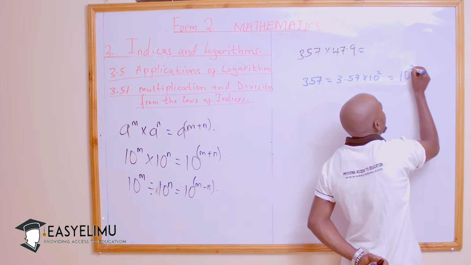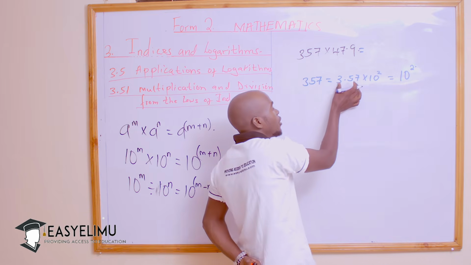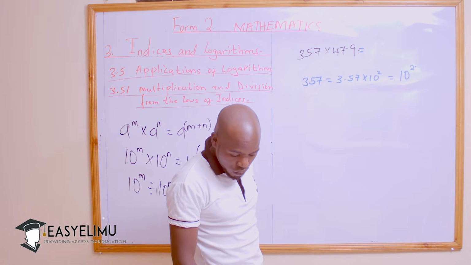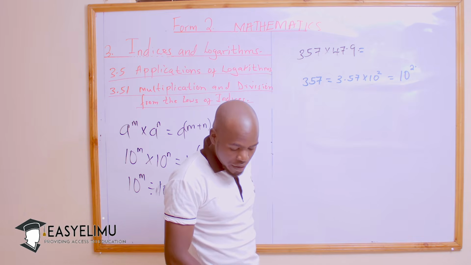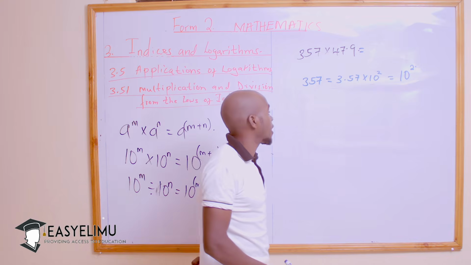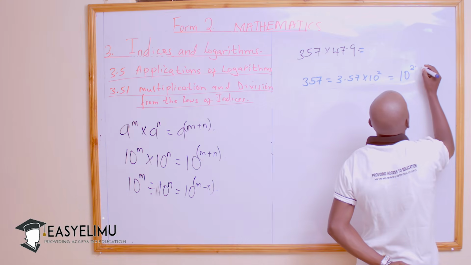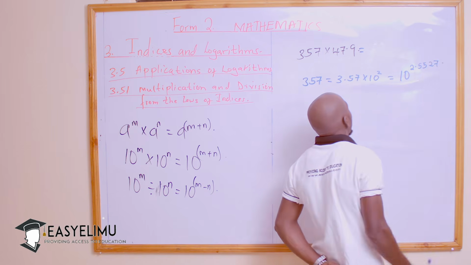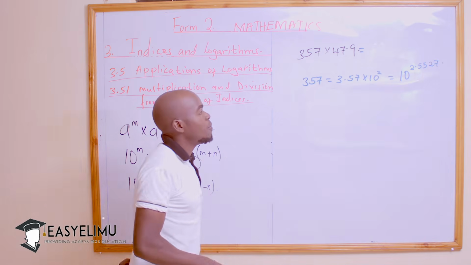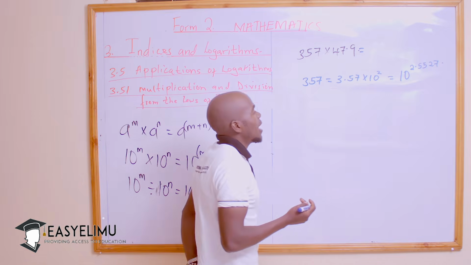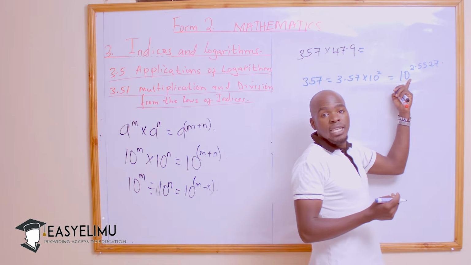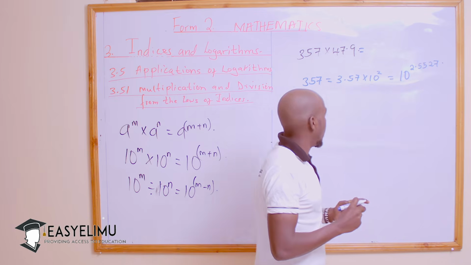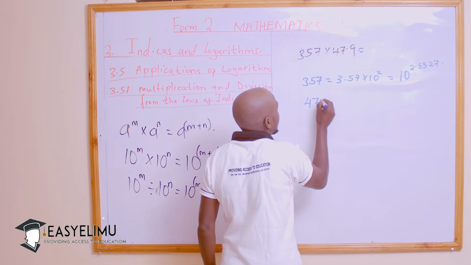We shall have 2. Now the logarithm of 3.57, with the help of the mathematical table, you will find to be 0.5527. So if you add these two, you are going to have 2.5527. So 357 can be rewritten as 10 to power 2.5527. And now we have 47.9.